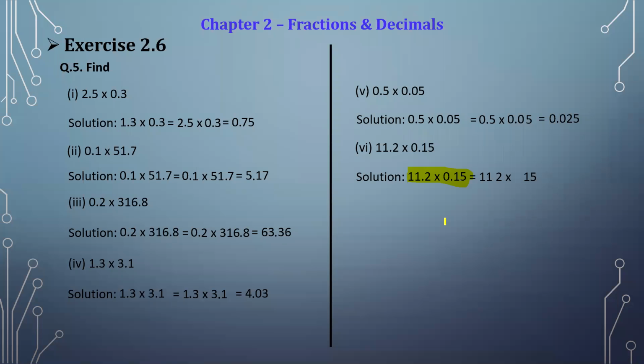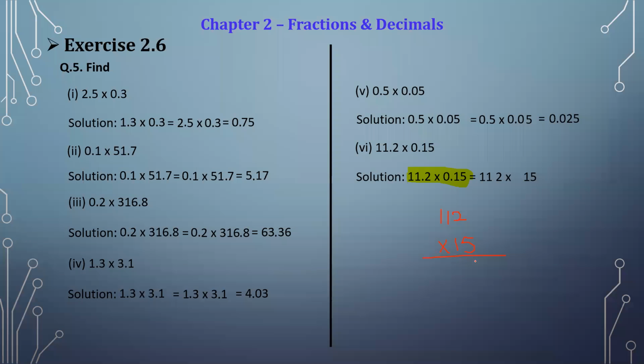After ignoring the decimal points, we get the product like this: 112 into 15. Here we perform the multiplication of 112 into 15. You should know the 15's table, so it will be easier to perform the calculation.